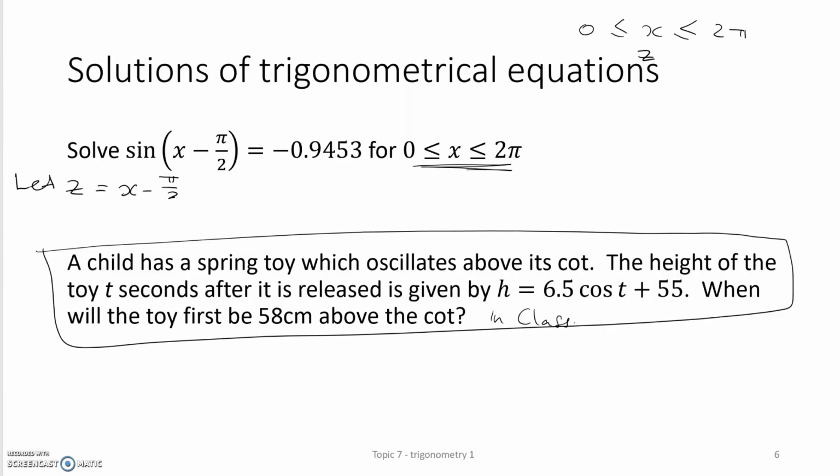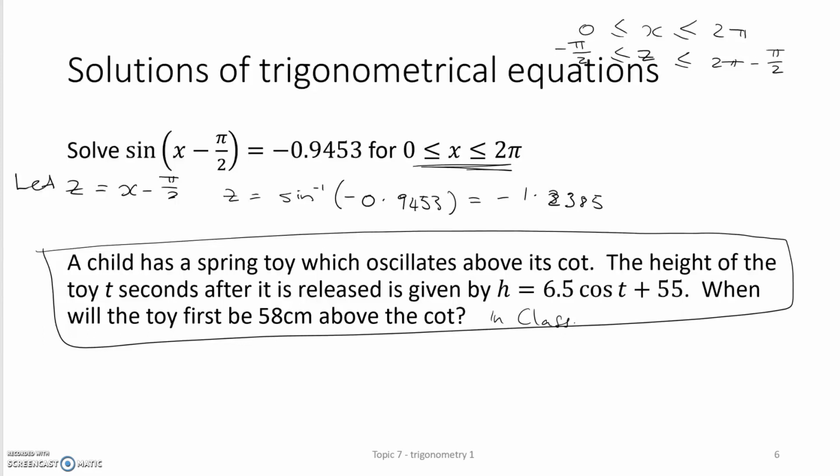Now we're going to do the same thing for z. 0 minus pi over 2 would be negative pi by 2, and z would be less than or equal to 2 pi minus pi over 2. Okay, z equals sine inverse of negative 0.9453, and using the calculator that's negative 1.2385.